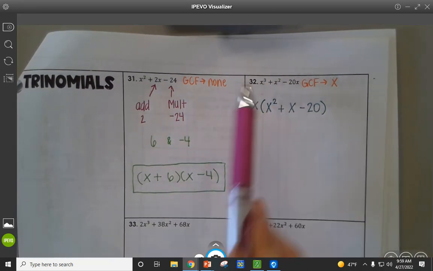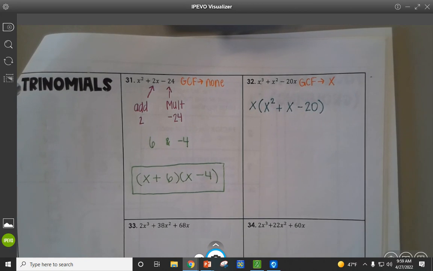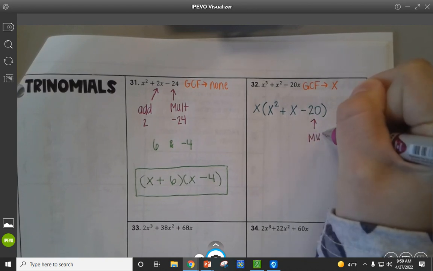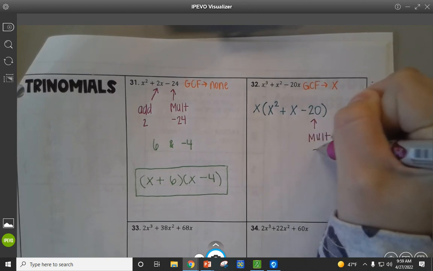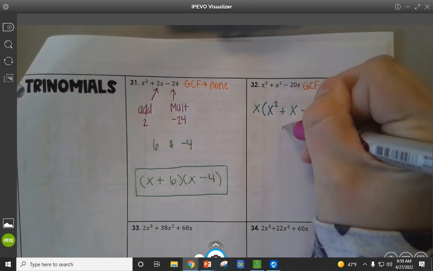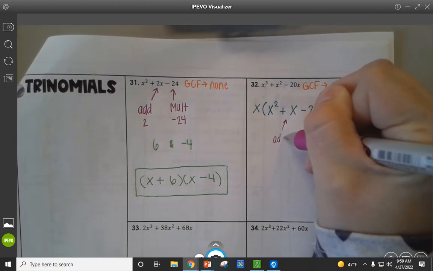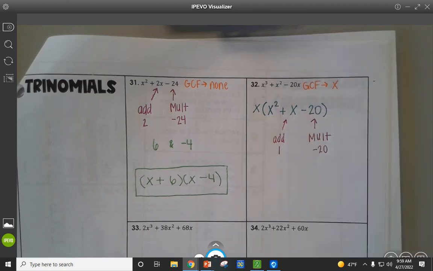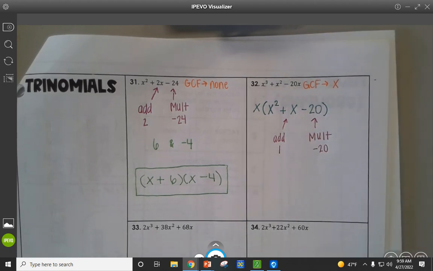So we took out the x from each of those terms. Now we can look for two numbers that multiply to be negative 20, and those same two numbers add to be what? 1. Not x, 1.